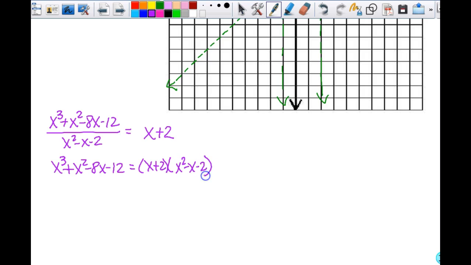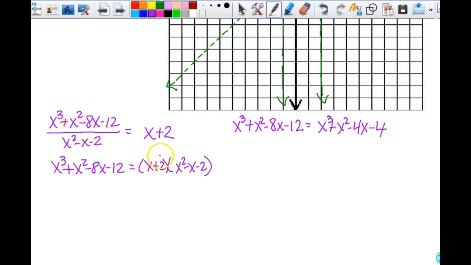You should be capable of multiplying this out quickly and accurately. I'm just going to give you what it is so we're not spending too much time on that part. We've got x cubed plus x squared minus 8x minus 12 will equal x cubed plus x squared minus 4x minus 4.